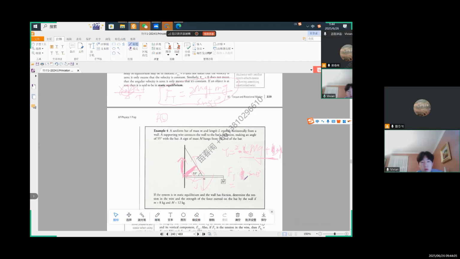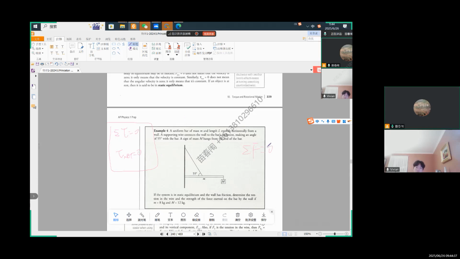Force into the wall from the wall would be... We're trying everything about torque right now, right? Now maybe it's time to think about linear, which means not only should the net torque be 0, which is what we just did, I can also say sigma F is 0.